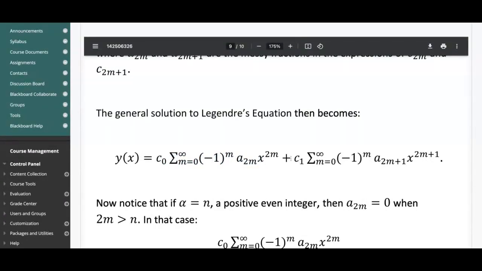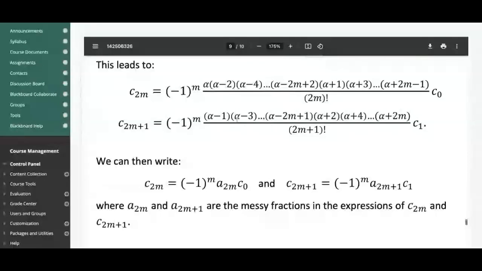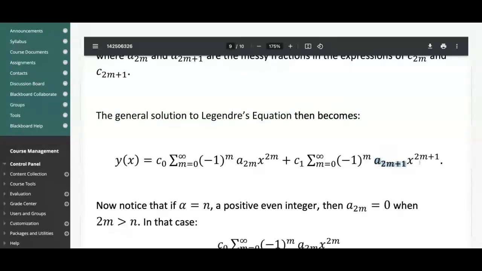This term, and plus C1 times this one, a_2m plus 1, this scalar, for the odd terms. Okay.